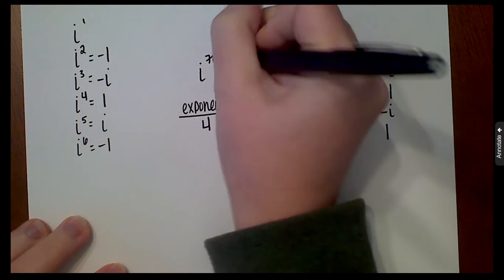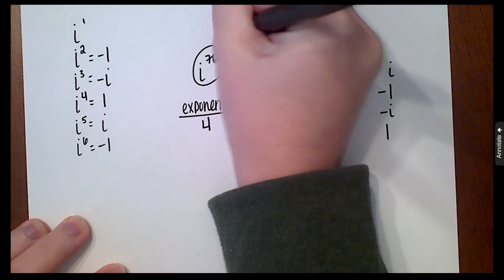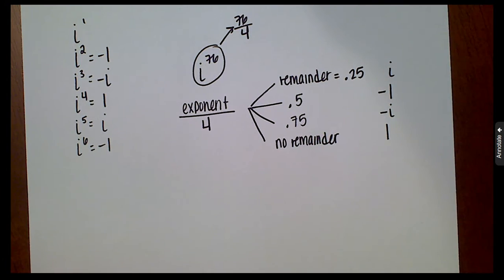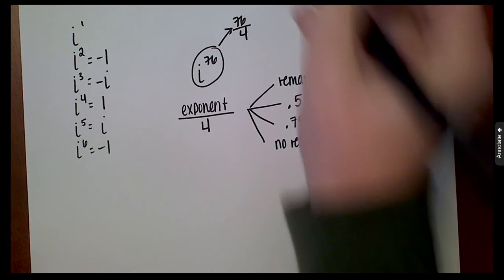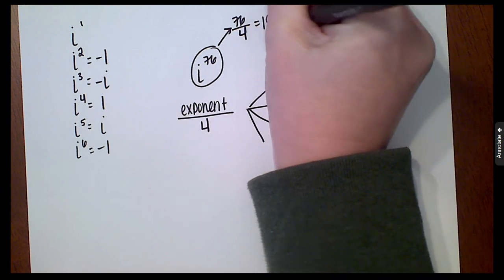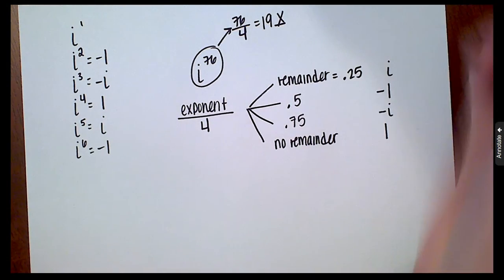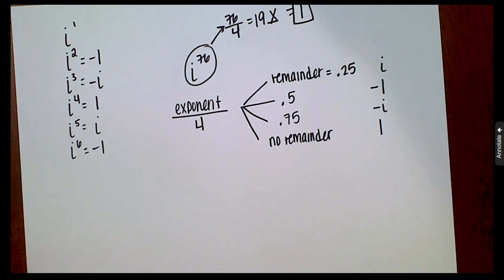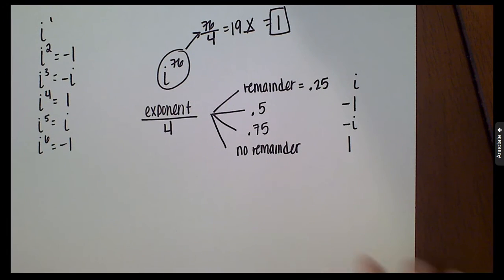So let's say I did this one, i to the 76. You do 76 over 4. I have no clue what that is, so I'm grabbing a calculator here. 76 over 4 is just 19. There's no decimal. So since there's no decimal, that just equals 1. So sorry, I'm at weird angles here. Let me try to fix myself.